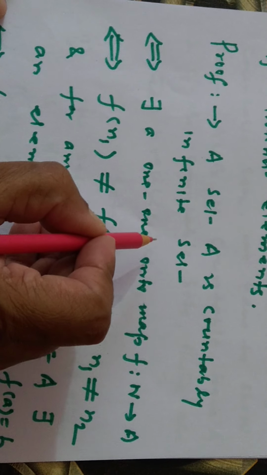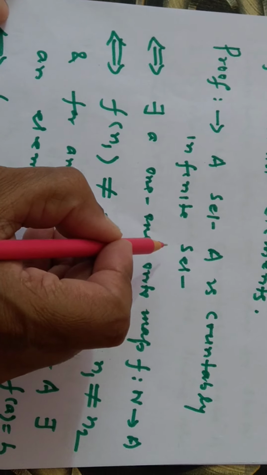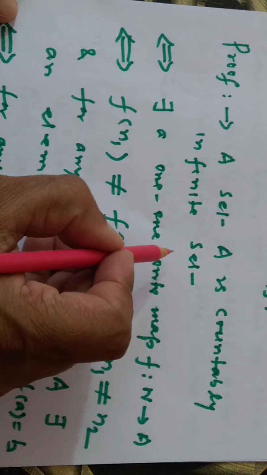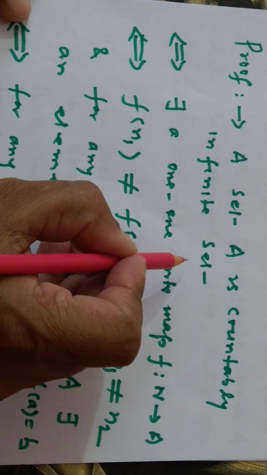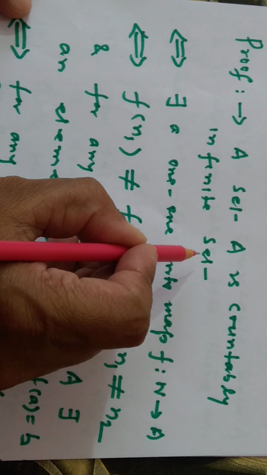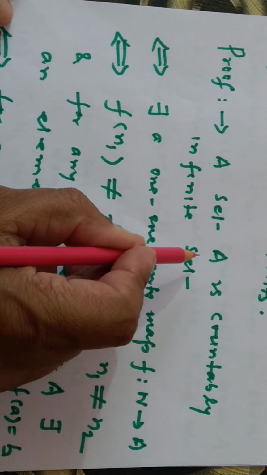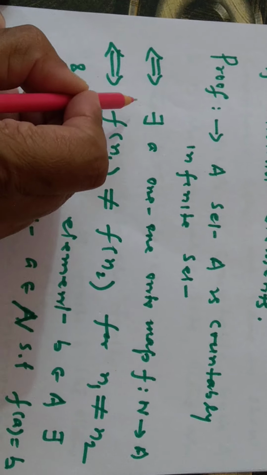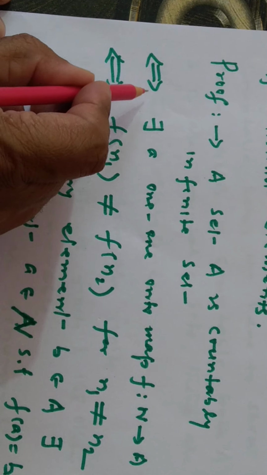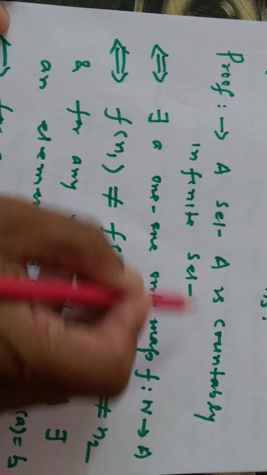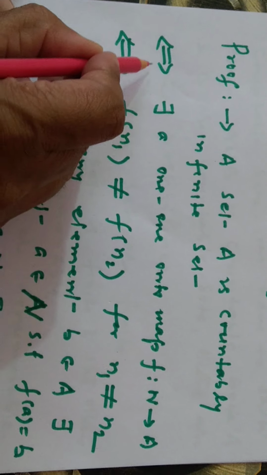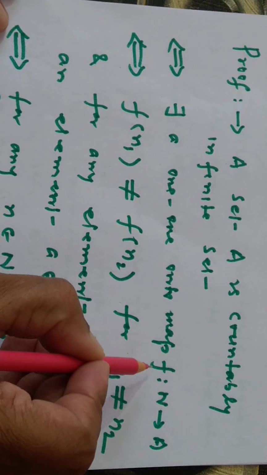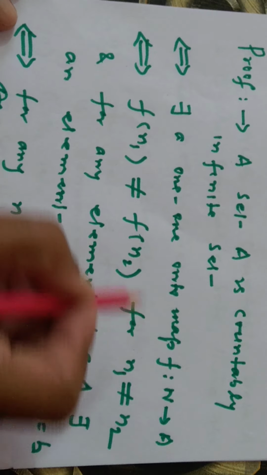We established the fact that a set is countably infinite if we are able to establish a one-to-one correspondence of this set with the set N of natural numbers. That's why we write: a set A is countably infinite if and only if there exists a 1-1 onto map f from N to A.